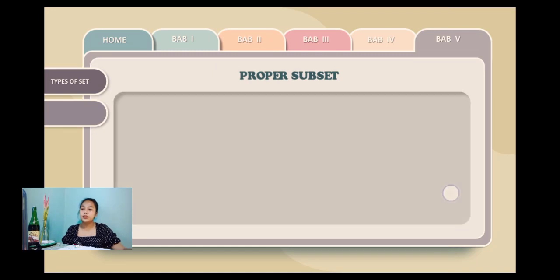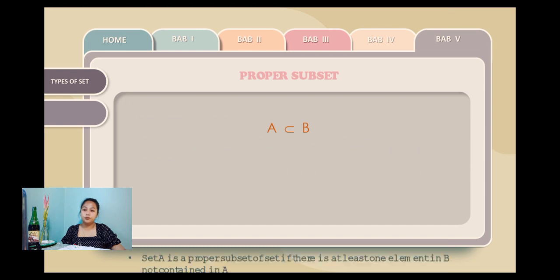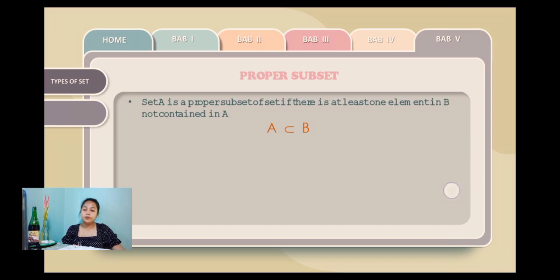A proper subset: set A is a proper subset of set B if there is at least one element in B not contained in A. Set A is equal to HABIT. B is equal to ABIT.